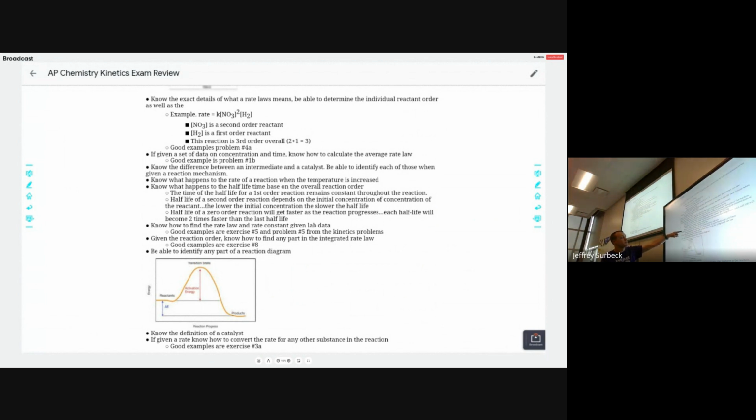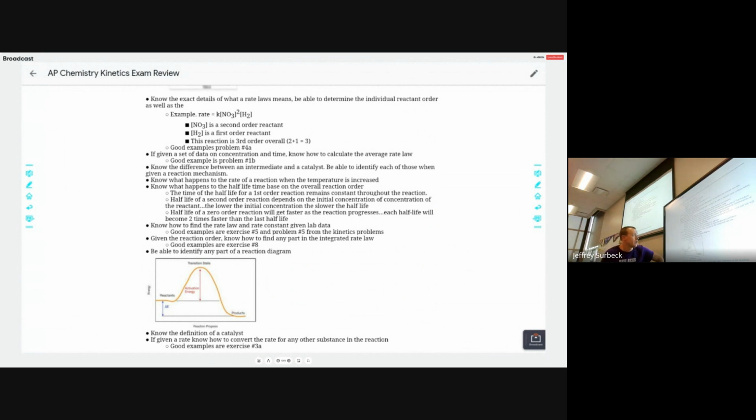Half-life, this is really important. We went over these in notes and we kind of skimmed through it. For first order, half-life is going to remain constant. That's really important. Half-life of a second order reaction is going to depend on how much stuff we have initially. Less stuff, slower; more stuff, faster. And then for a zero order reaction, it's actually going to get faster as we progress through the reaction.